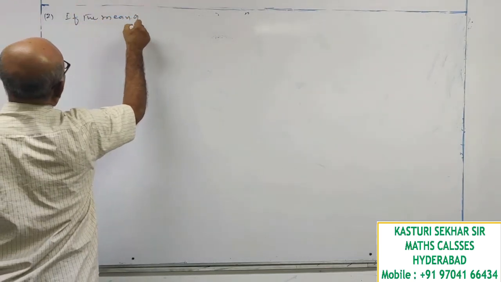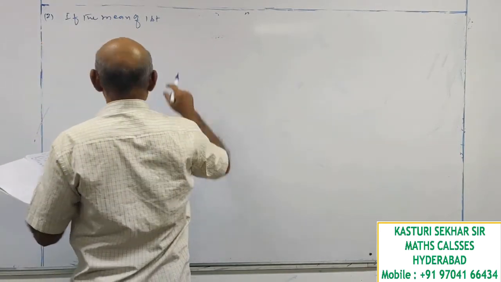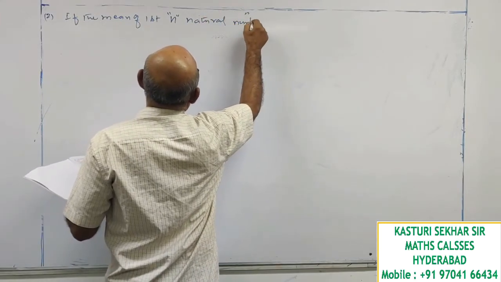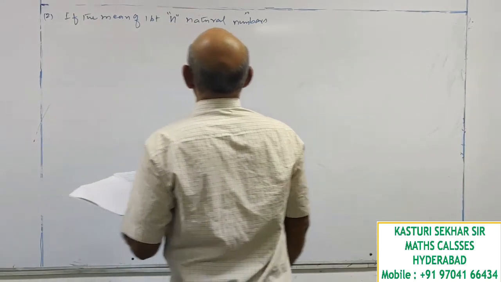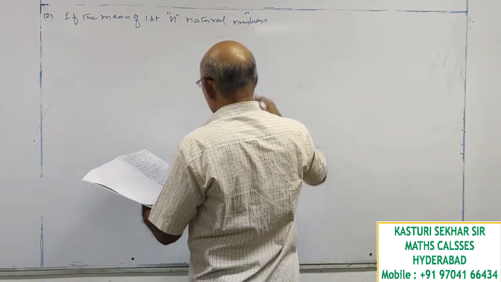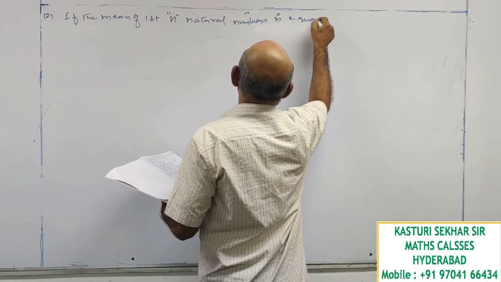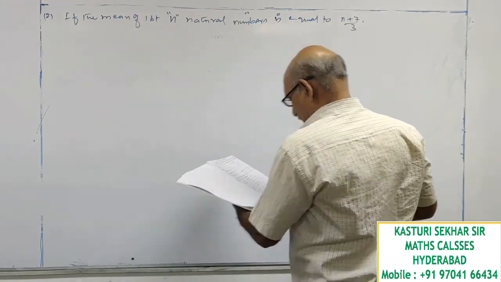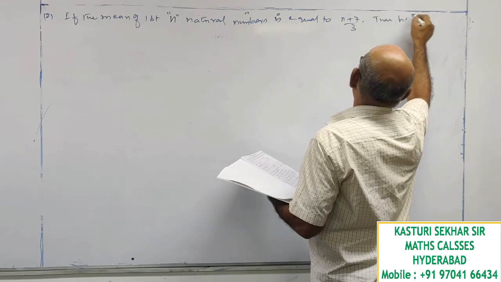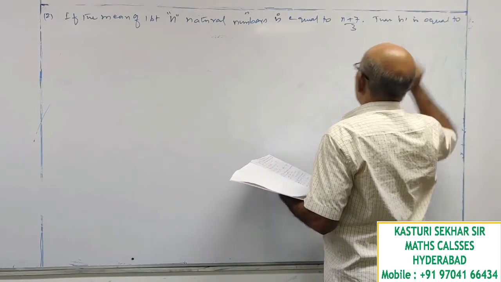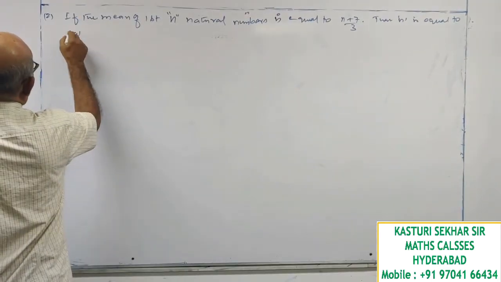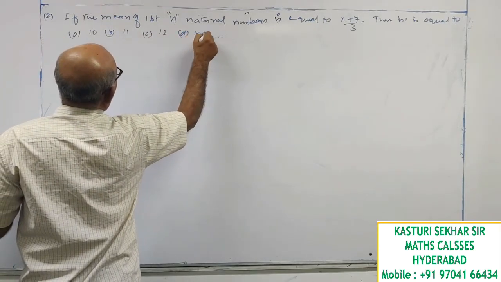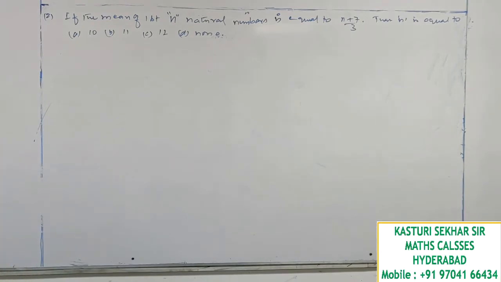If the mean of first n natural numbers is equal to n plus 7 by 3, then n is equal to: option A 10, option B 11, option C 12, option D none.